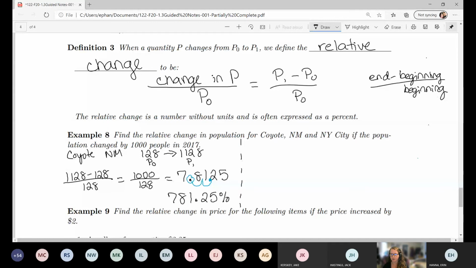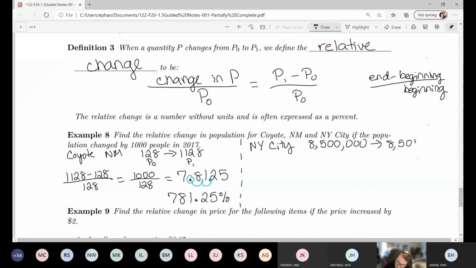Well, from 128 to 1,128, it's a 781.25% increase. Whereas if we're in New York City, well, of course, now I got to write 8 million out numbers. So 8.5 million, sorry, was their starting value.